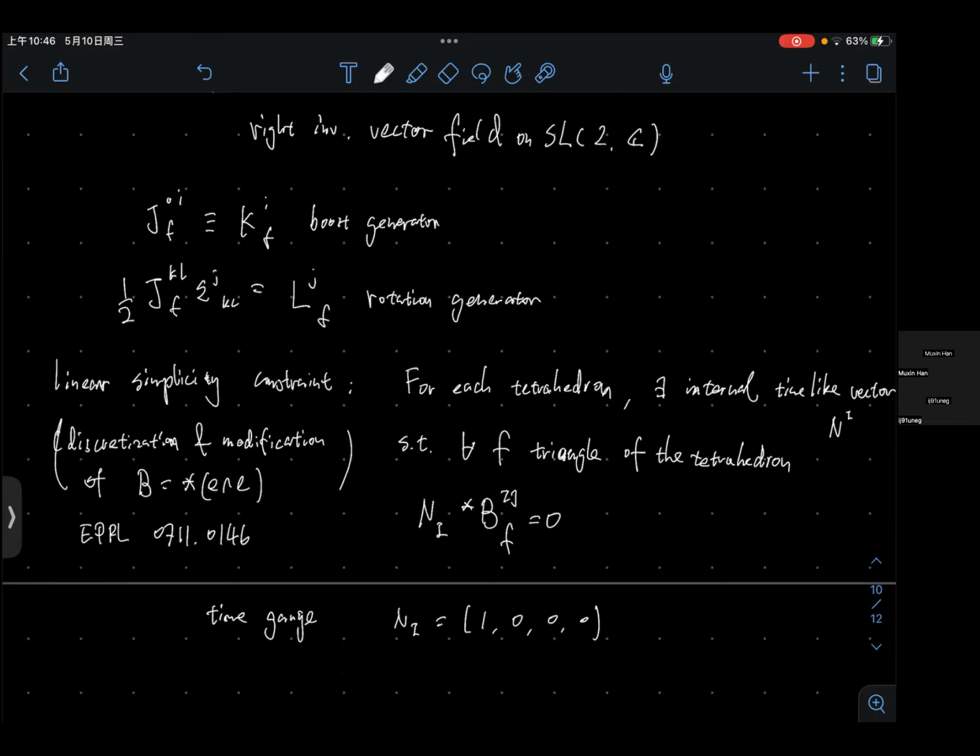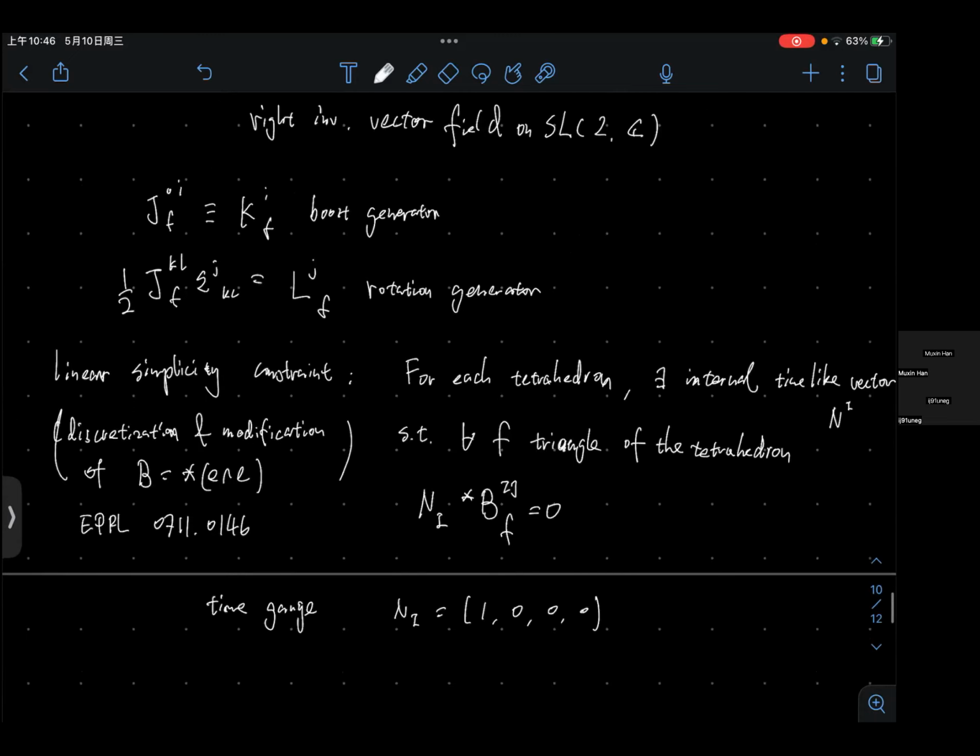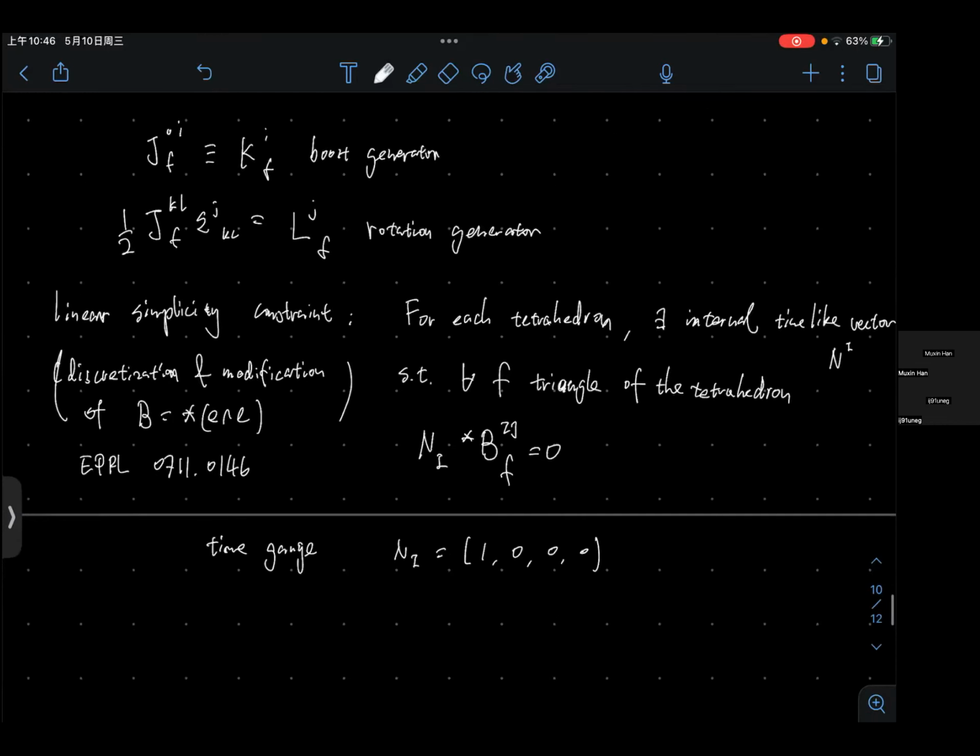This gives you another simplification. Now the simplicity constraint becomes star B^{0i}_f equals 0 for any f belonging to the tetrahedron.